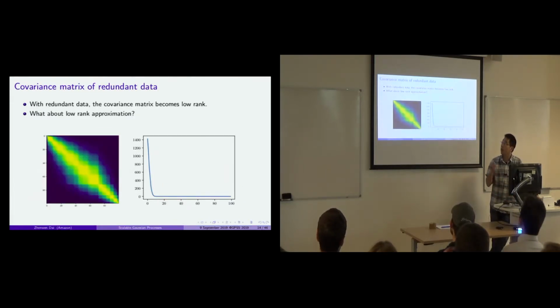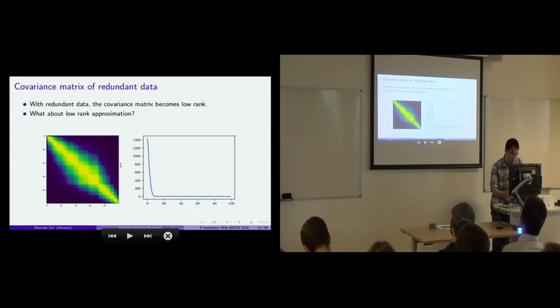And if we closely look at this kind of example, what is shown here is the actual covariance matrix computed from the previous example. By having so much redundant data, what we immediately observe is a low-rank structure in the covariance matrix.